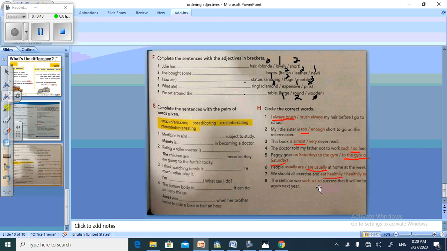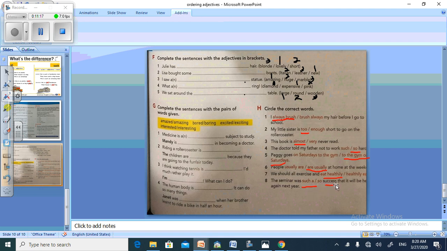Eat healthy. Okay. The seminar was such a success that it will be held again next year. So, was such a success. Why? Because we said that such is followed by an article, then the adjective, then the noun.